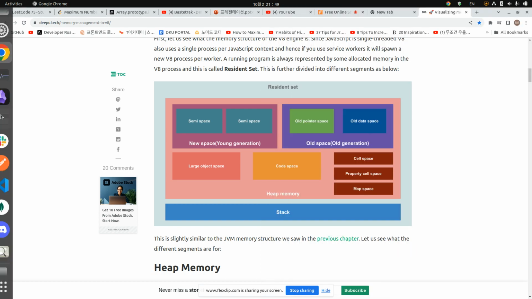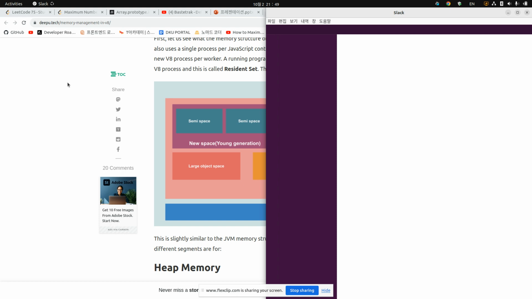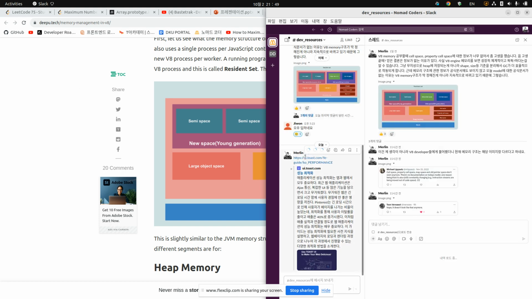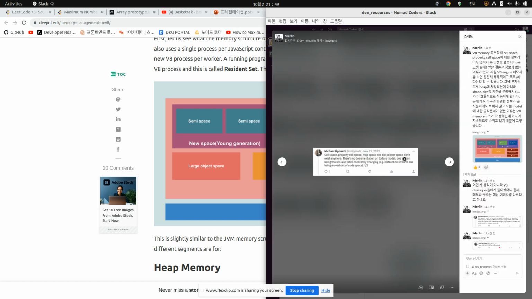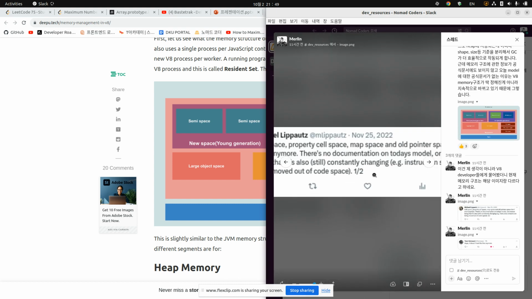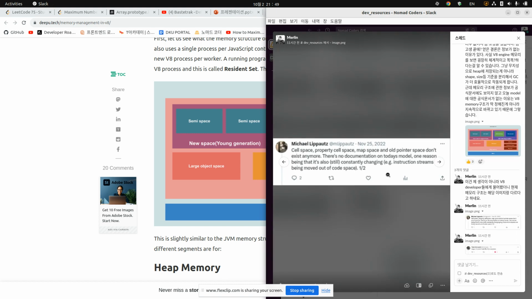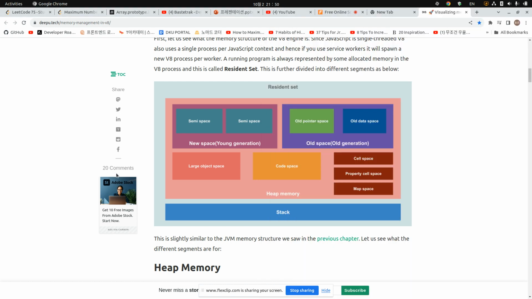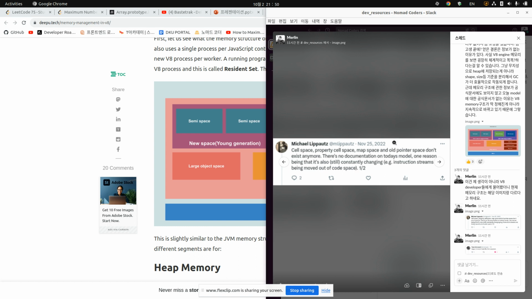I asked a V8 developer, one who works on V8. He said that cell space, property cell space, map space, and old pointer space don't exist anymore, and that there's no documentation of today's model, one reason being that it is still constantly changing.